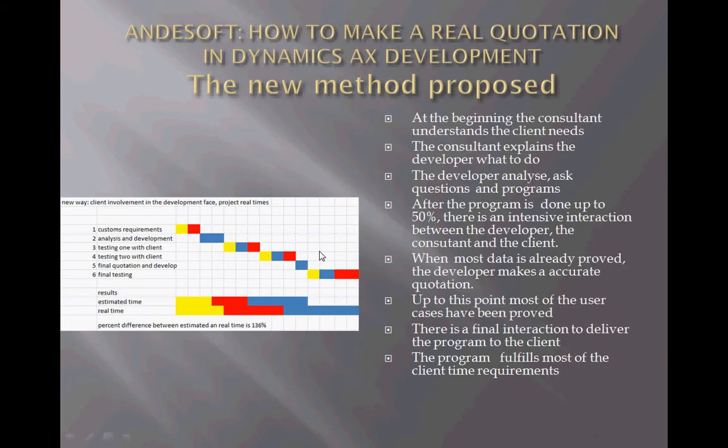With this new method, after the program is 50% done, there is an intensive interaction between the developer and the consultant. When most data is already proved, the developer makes an accurate quotation. Up to this point, most of the use cases have been proved. There's a final interaction to deliver the program to the client, and the program fulfills most of the client's requirements.